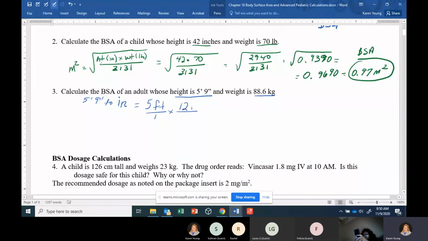There's 12 inches in 1 foot. So my feet cancel, and I do 5 times 12, which is 60. And then I'm going to add my 9 inches back in. And that gives me a total of 69 inches for the height.